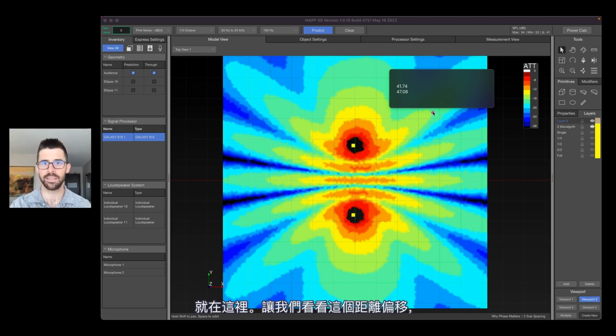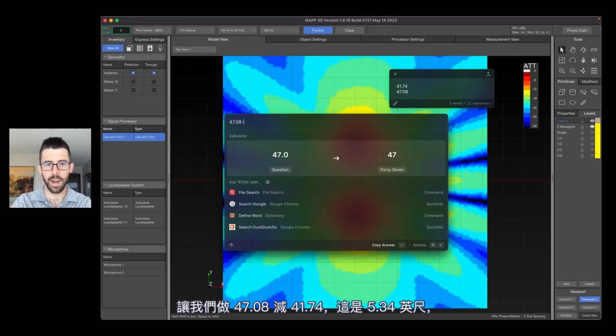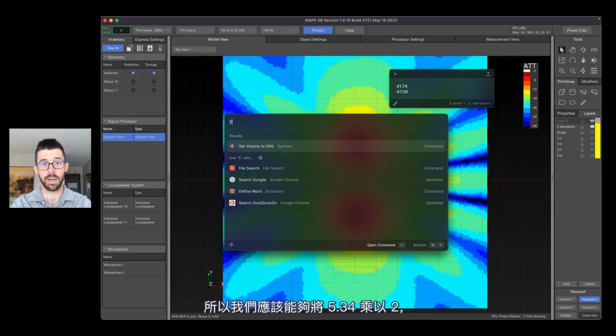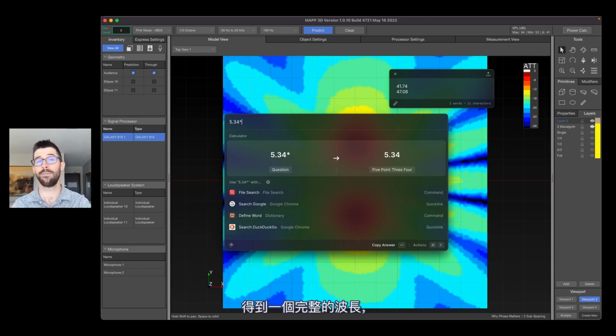Let's look at that distance offset. 47.08 minus 41.74 is 5.34 feet. So we should be able to double that, 5.34 times 2, and get back to a full wavelength. So that means it's a half wavelength, and we are at 10.68 feet, which is really close to 11.3.